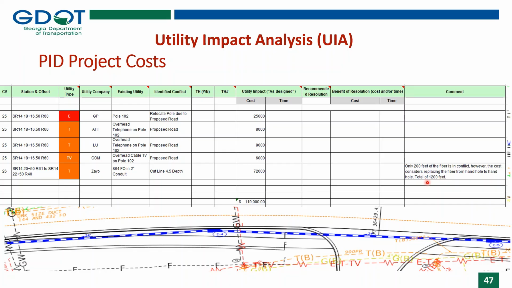We are assuming $60 per foot for that fiber. And so 60 times that 1,200 feet will give us a total of $72,000. So we put all these costs in the utility impact as designed column. And we're going to also provide a total once we've concluded our utility impact analysis for that PID project. We will provide a total so we can allocate those funds for that project to relocate those utilities.